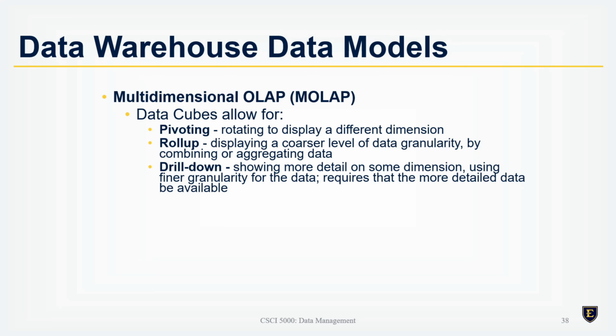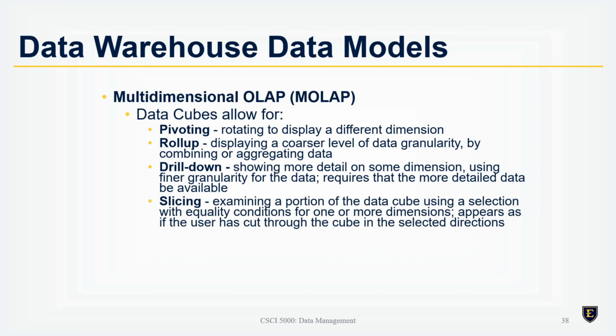But that requires that the detailed data be available. So if you store it in your data warehouse, then it's much better than if you're aggregating data and storing the aggregation of that data. So this would allow for drilling into the data.